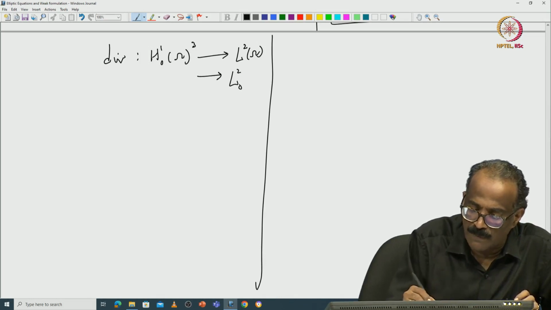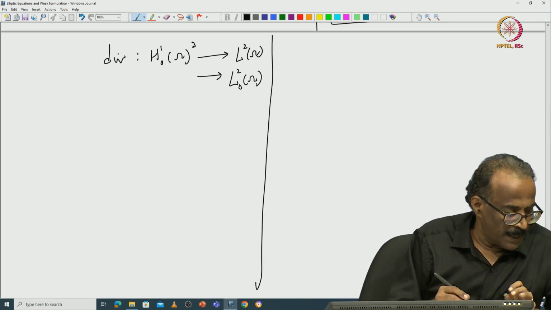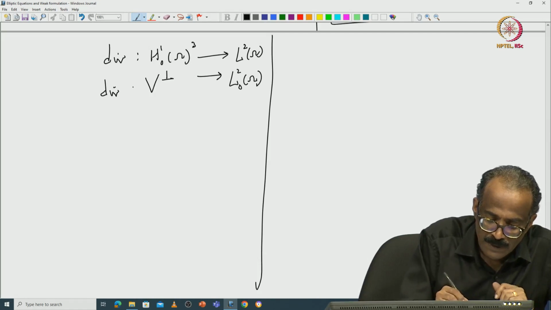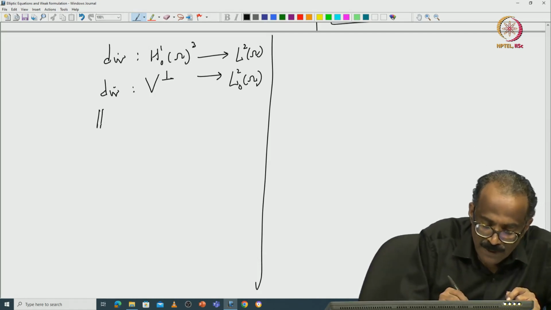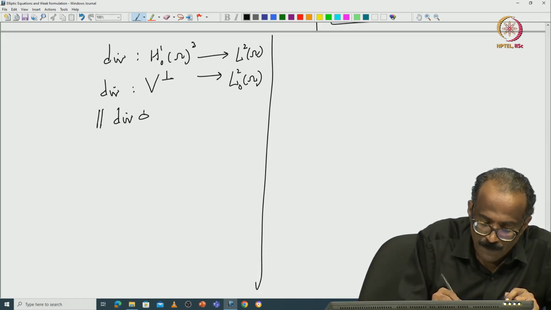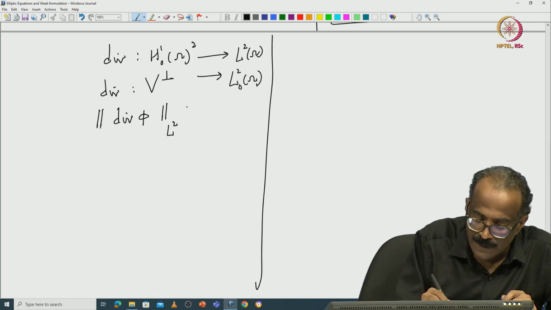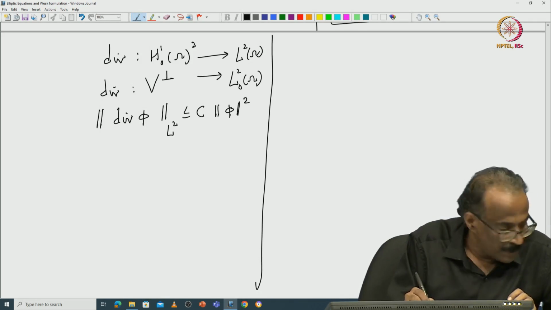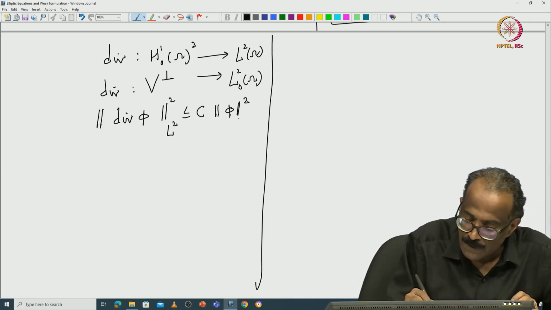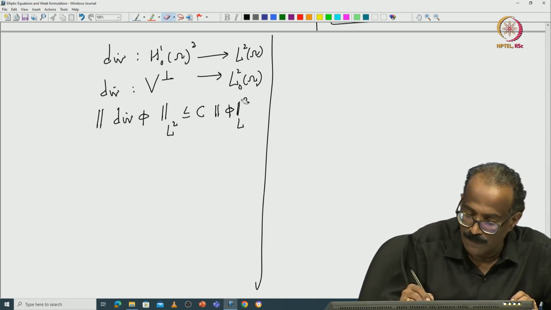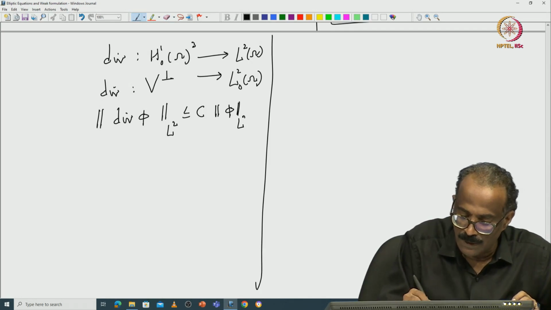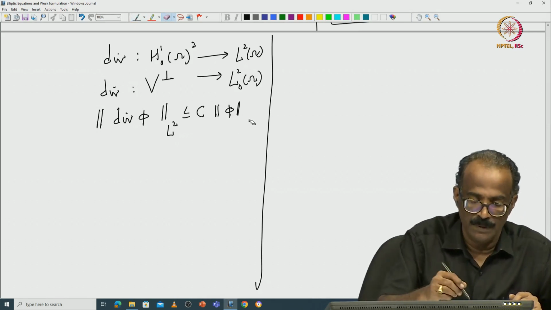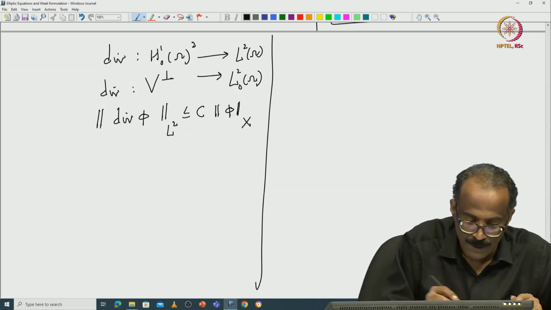So you will get one on two. And that is what we have seen, V perp, divergence of C. And you can also see that the norm of divergence of phi in L2 is less than or equal to some constant times the norm of phi, that is what you have seen, in X. This will be your X. Okay, that is on one hand.